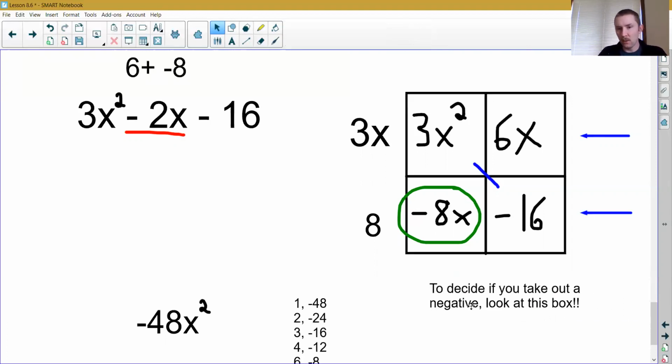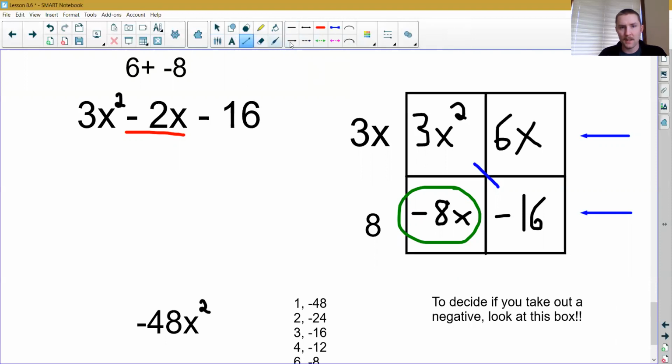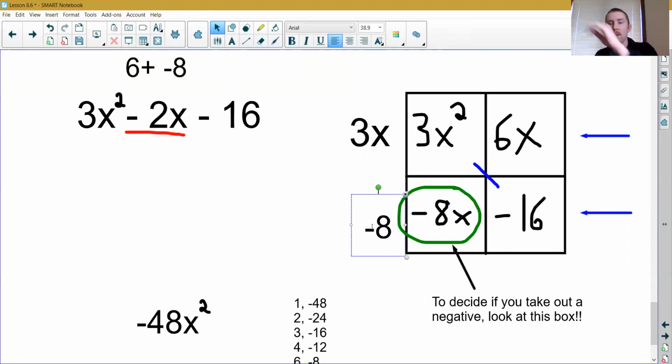We do not look at the box that has just the number in it. We always look at the box that has the x in it. In this case, because this box with the x in it has a negative 8, I'm going to take out in my factor a negative 8. That's the reason why. We'll get to the other one in just a second.